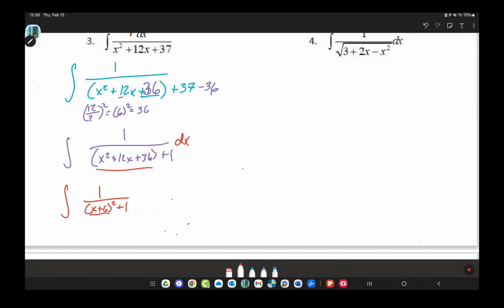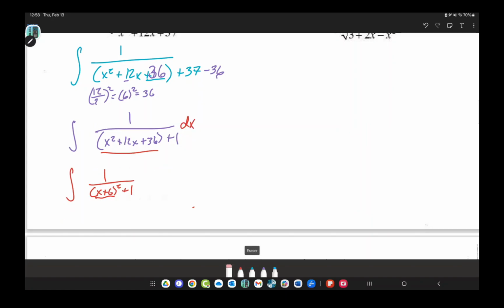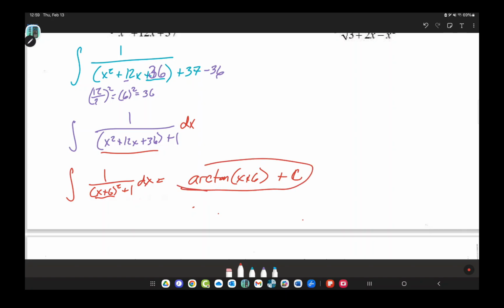Now I just say this is arctangent of x plus 6, plus c. That's because we don't have to use substitution here, because the derivative of x plus 6 is just 1. So there is no chain. But if there is a chain, you do have to use substitution.